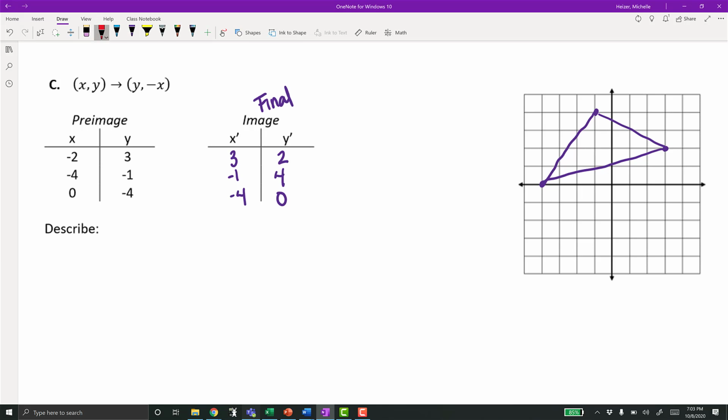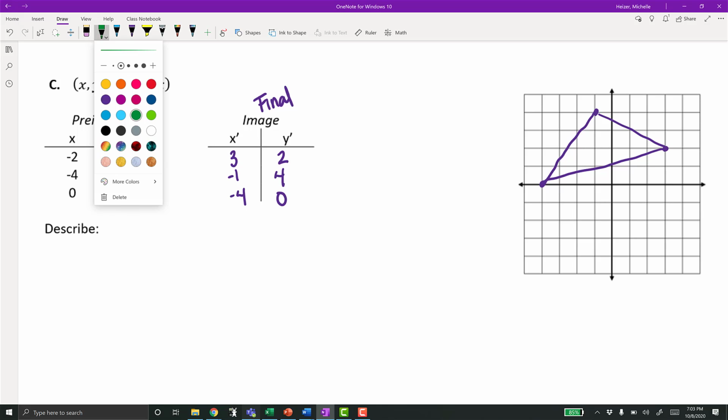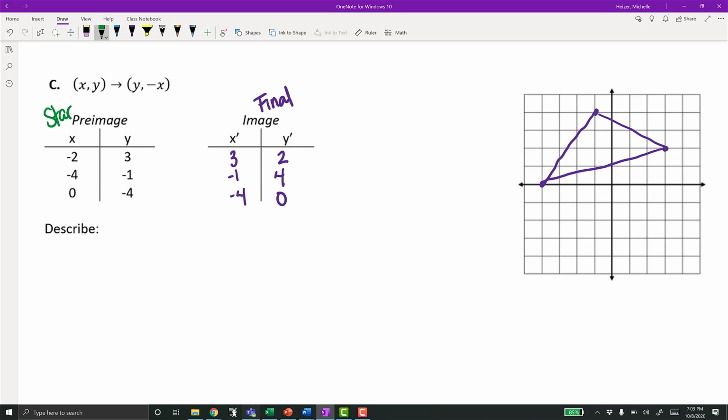And I'm going to plot my beginning or my pre-image. So again, I'm going to take these and kind of draw them out a little bit separate so that they're not overlapping themselves.